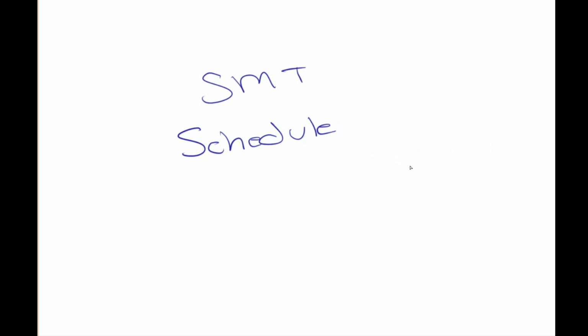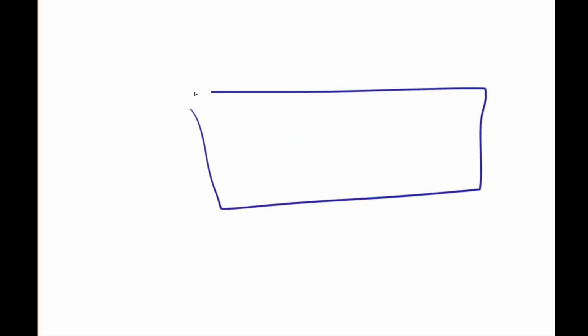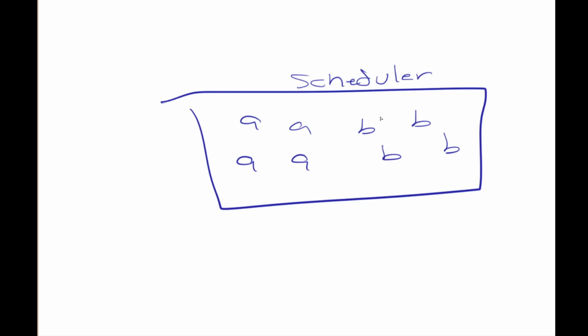Okay, so let's picture that you have a scheduler here in this massive block diagram, where you have lots of instructions here from two different threads, and they're just chilling out, doing their thing. Without an SMT capable scheduler, these instructions will just run willy-nilly whenever they're ready.